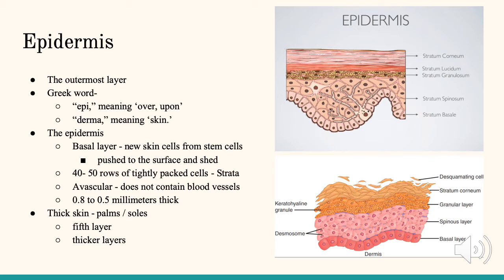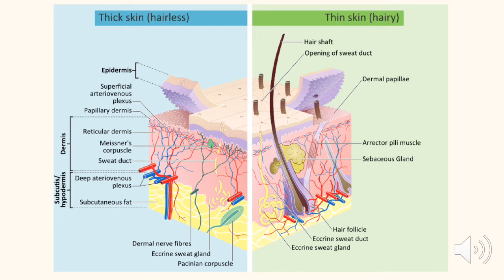The skin on the palms and soles has a fifth layer, and its individual layers are thicker than those of the rest of the body. Here are a couple of pictures to demonstrate some of the main differences between thick and thin skin.